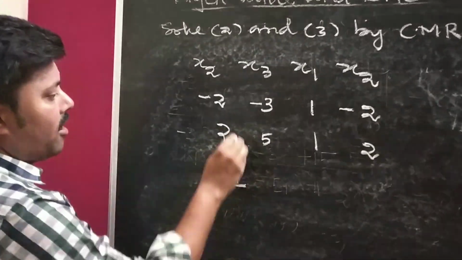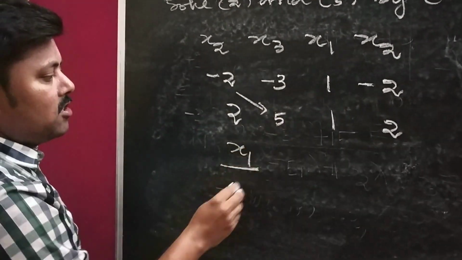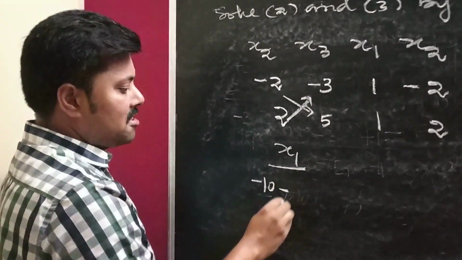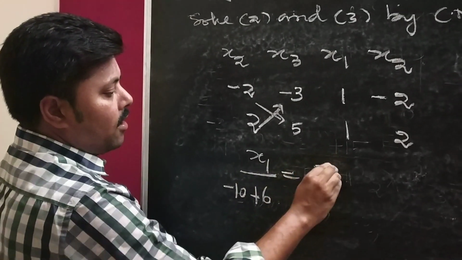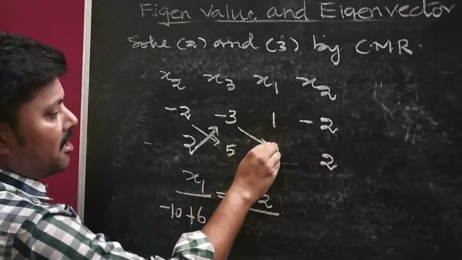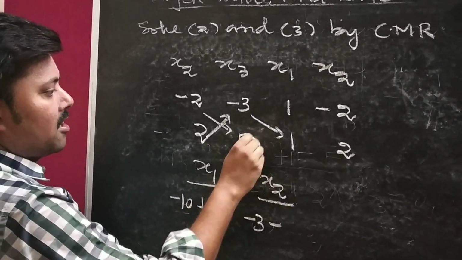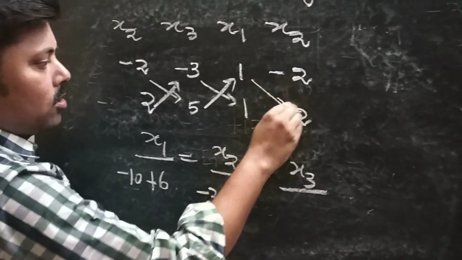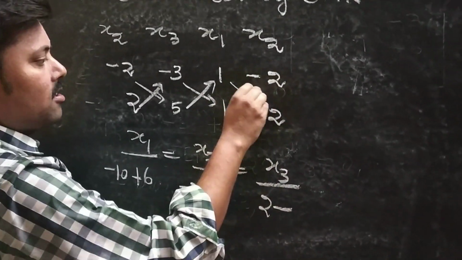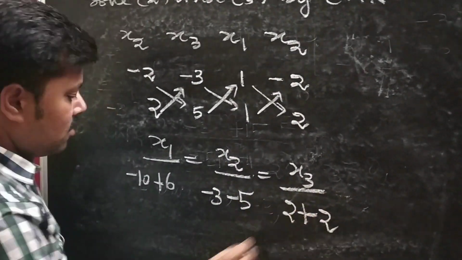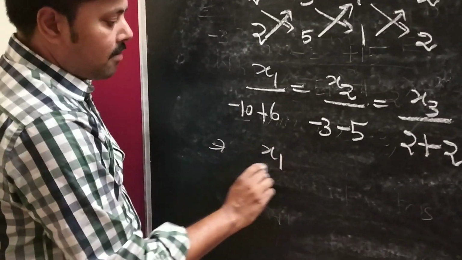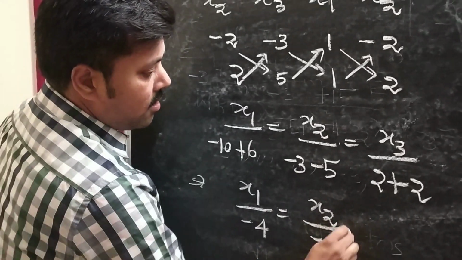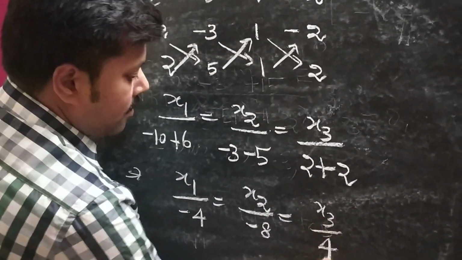So x1 value is minus 2 into 5 is minus 10, minus 2 into minus 3 is minus 6, so plus 6. x2 value is minus 3 minus 1 into 5 is 5. x3 value is 1 into 2 is 2, minus 1 into minus 2, so plus 2. So simplify this, we get minus 4, minus 8, then 4, right?